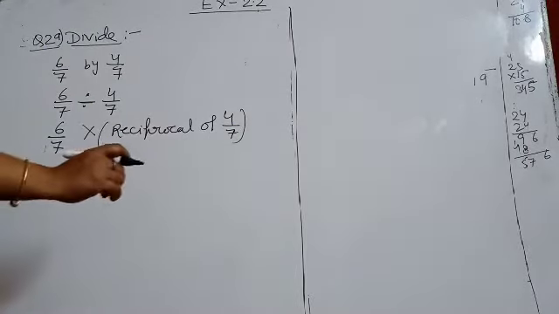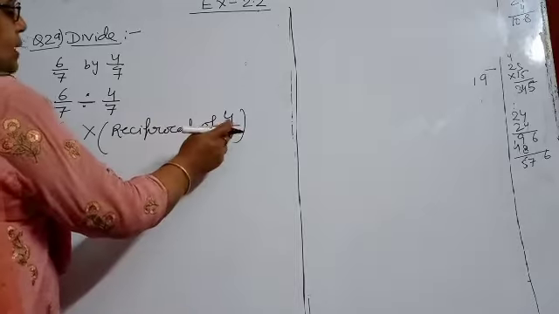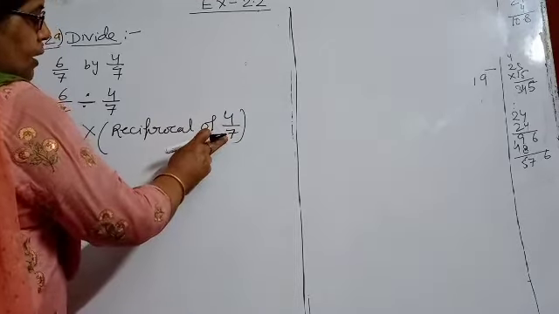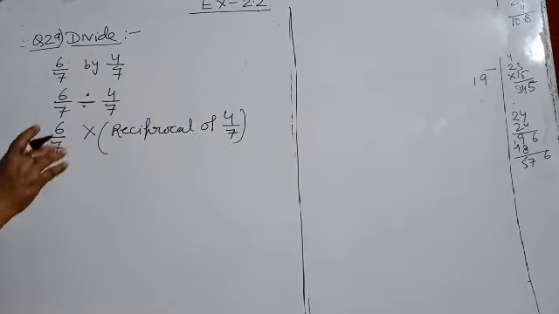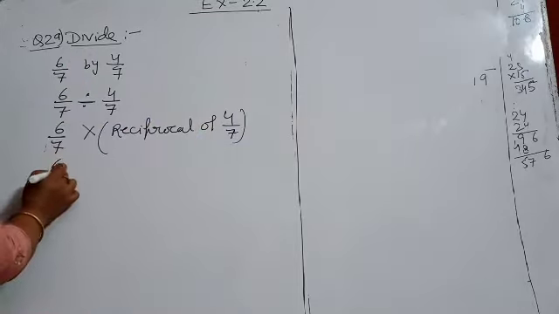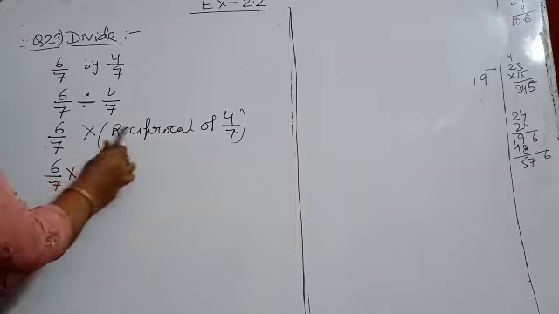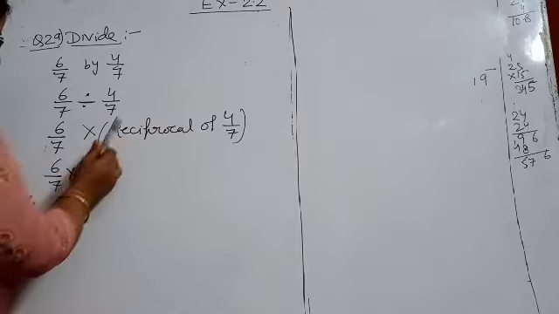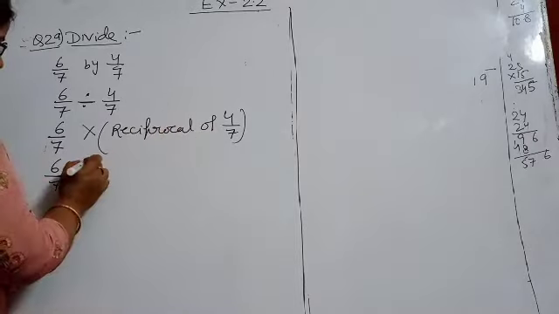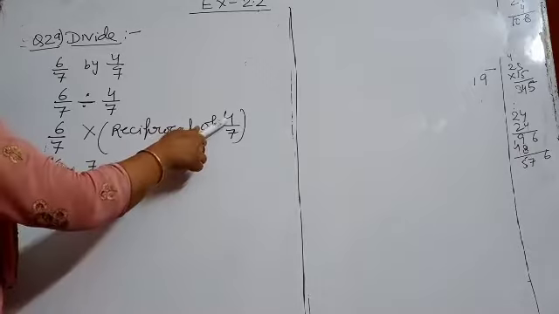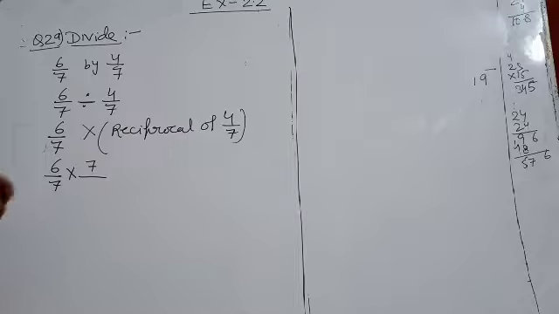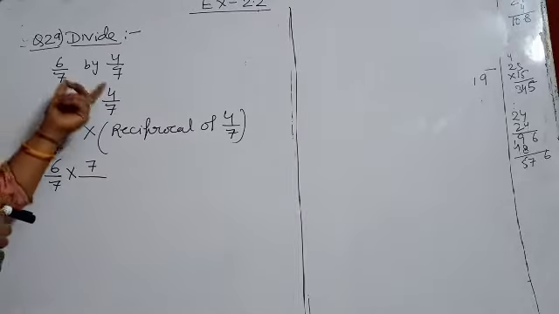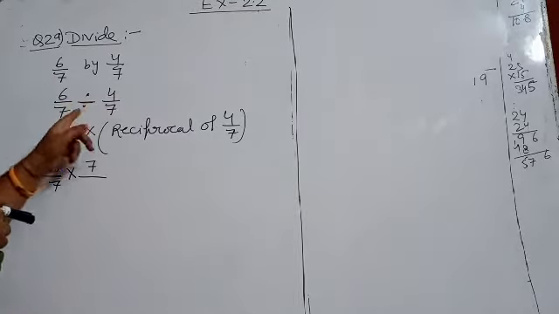Everybody knows what the reciprocal is. The reciprocal of any number is always equal to, meaning the denominator becomes the numerator and the numerator becomes the denominator. See, 6 upon 7 multiplied by, this 7 will go on top, 7 upon, and this 4 will come down. Only in case of division, again I am repeating, only in case of the division sign being converted.